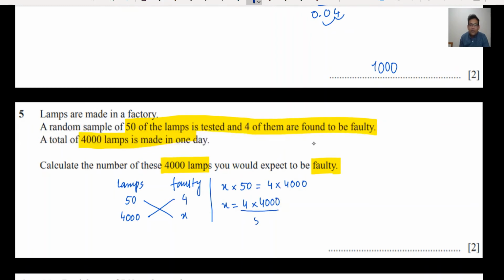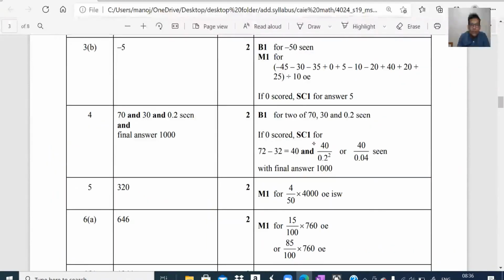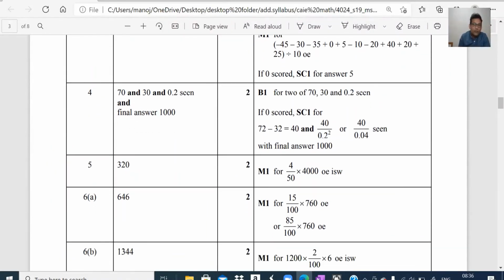This will divide, and this 0 and 0 cancel out, and 5 times 1 and 5 times 8 is 40, and 0 is also there. So when we simplify it is coming 8 times 2 is 32 with 0, so it's coming 320, and we have done it. If you want to check the answers, yes, the answer of question number 5 is 320.